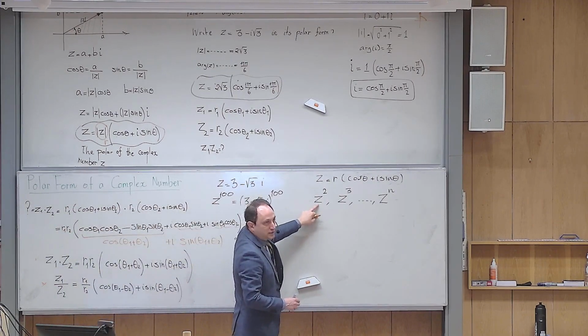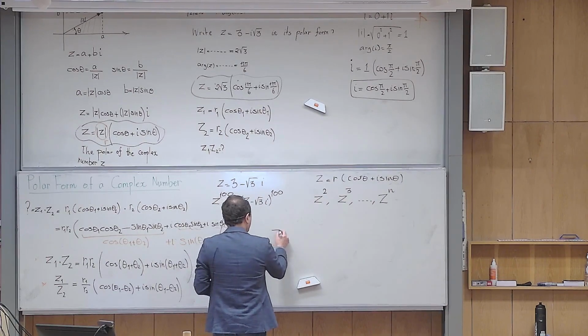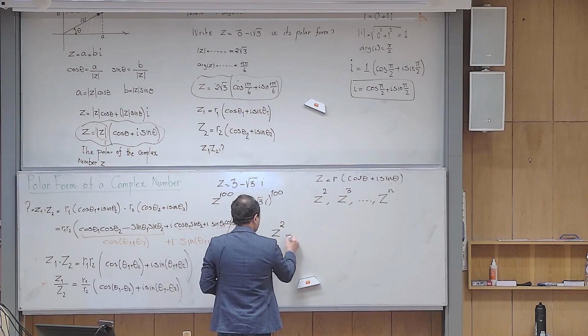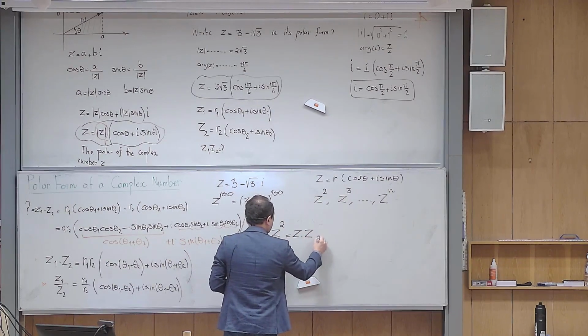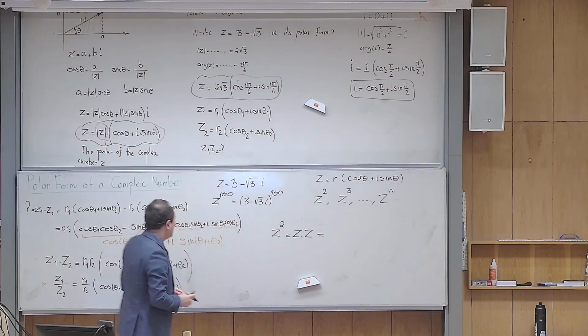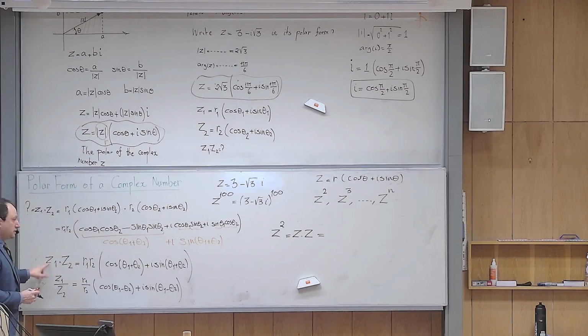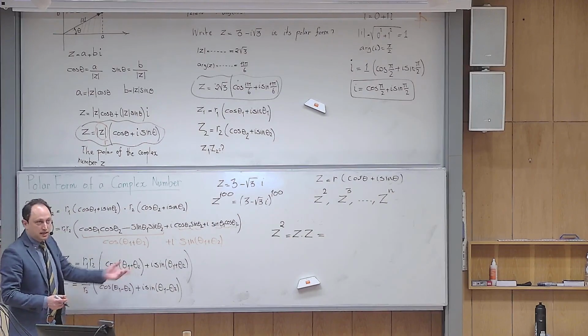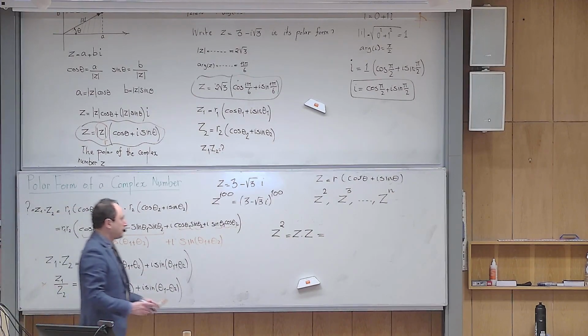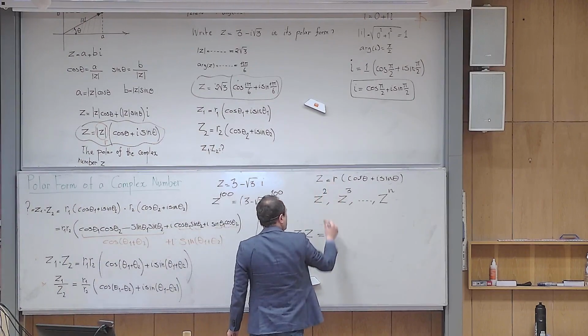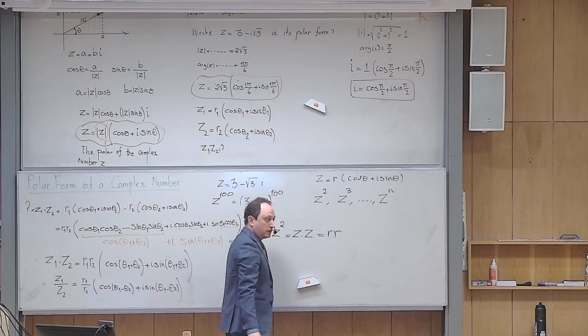Let me start with z squared. If I ask you to calculate z squared, it means that you multiply z by itself. So what was the rule, do you remember? To multiply two complex numbers in the polar form, I am supposed to multiply these numbers, but I just need to add the angles. So I just multiply these numbers, yes?